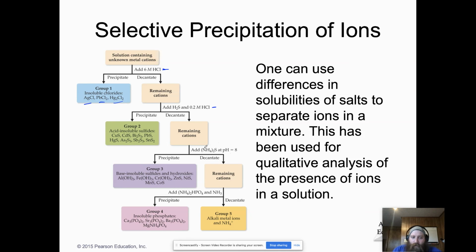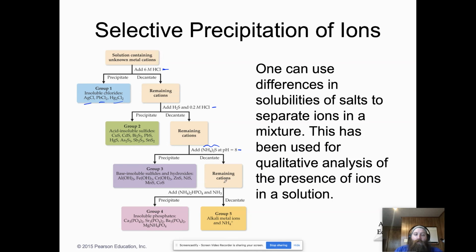The next thing I can add is an ammonium sulfide mixture at a pH of 8. So I'm incorporating what I know about buffers. I've got a pH of 8, and I'm going to add this ammonium sulfide, and that's going to give me all of my base-insoluble sulfides, and any hydroxides that are present. So things like aluminum hydroxide will precipitate.